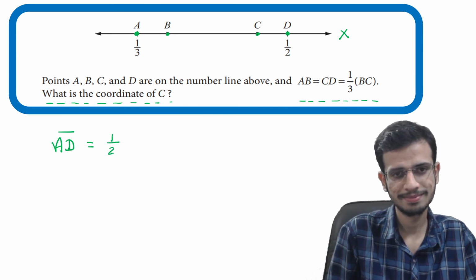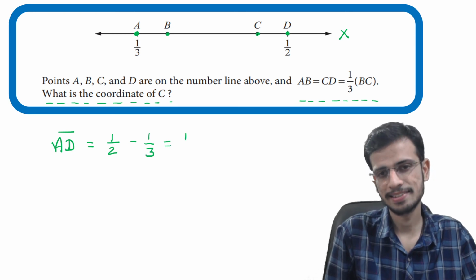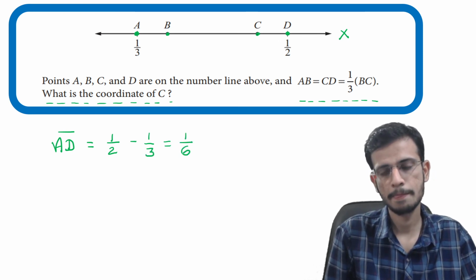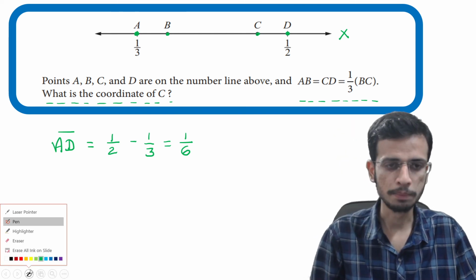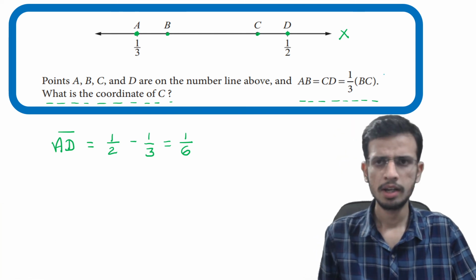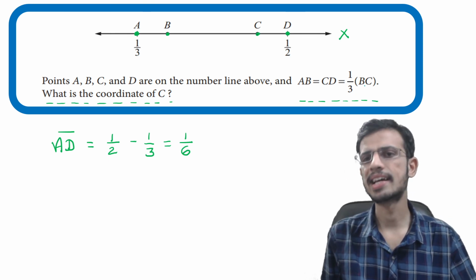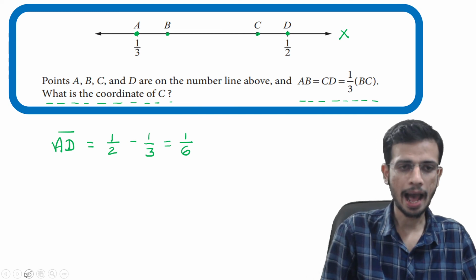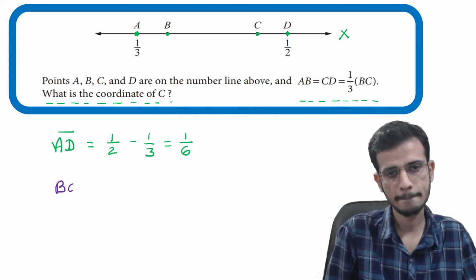Yes. That will be 1 by 6. And for this equation, I will be helping you. I just assume the BC portion's length is 3x, right?